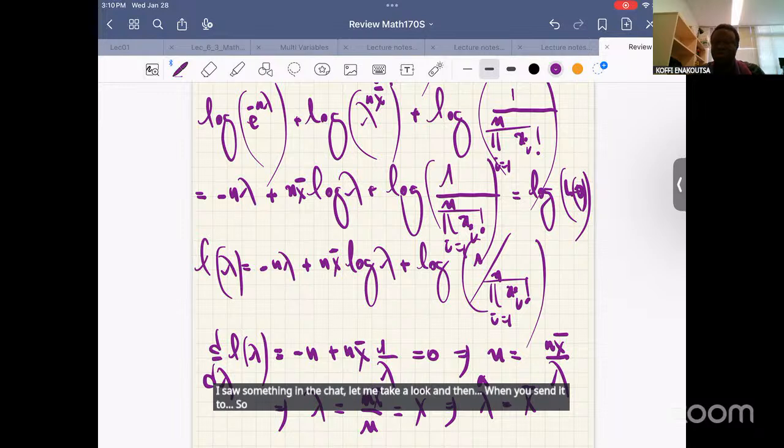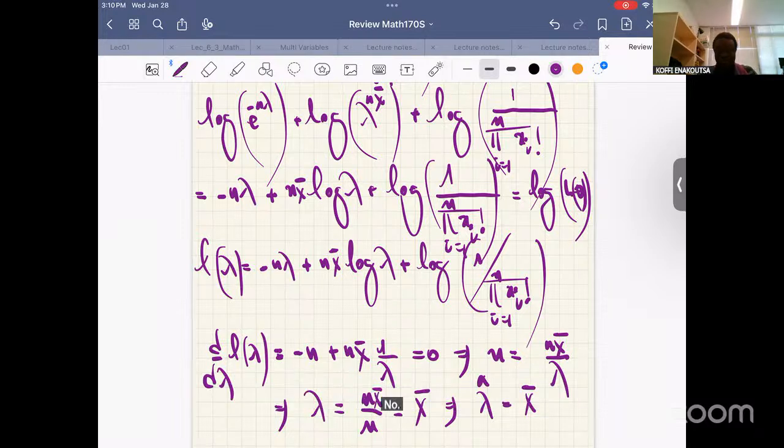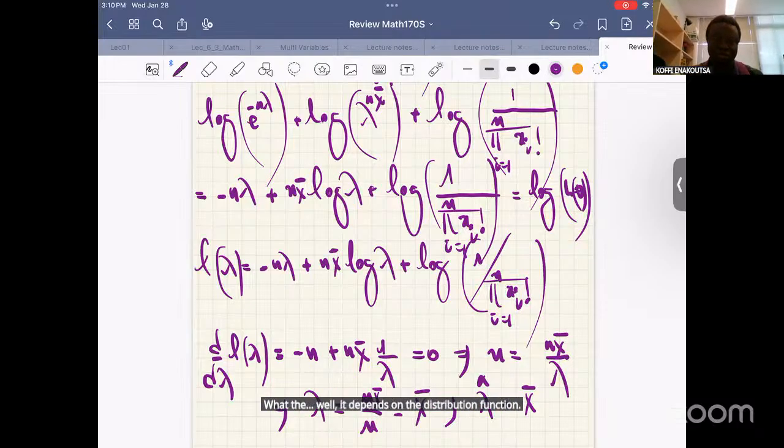So how do we know how many parameters there should be? In the Poisson distribution, you only have one single parameter, lambda. It depends on the distribution function. For an exponential distribution, it is one single parameter.